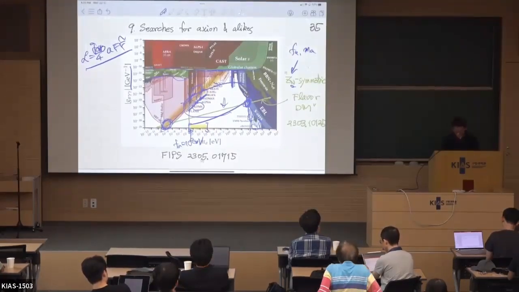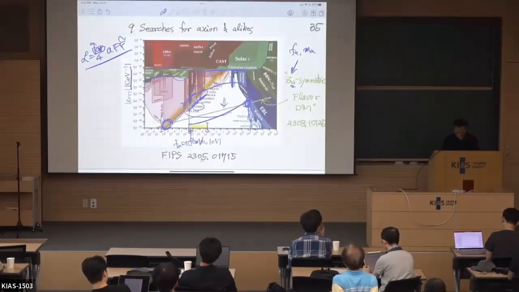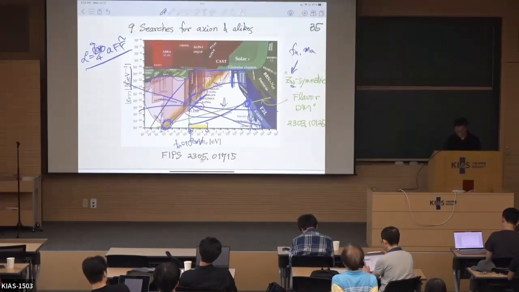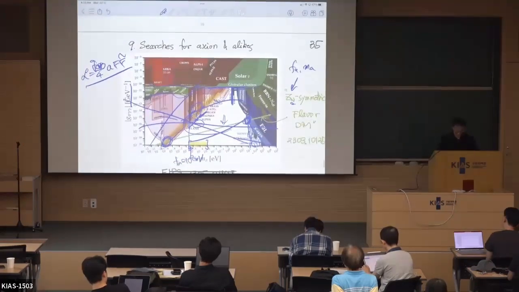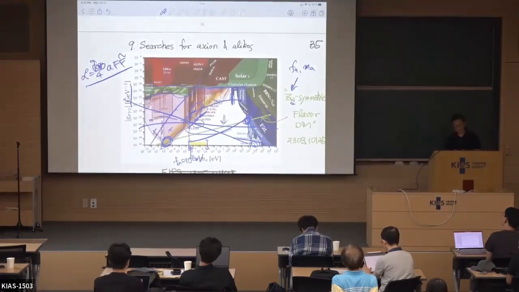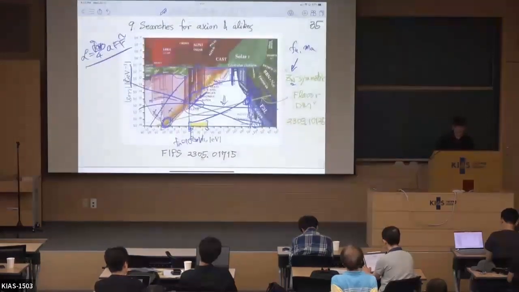Of course, I have shown only my own model, but there could be a lot of different models you can have. And in the future, we may be able to see some signals somewhere, hopefully. Okay, so that's it. Thank you.